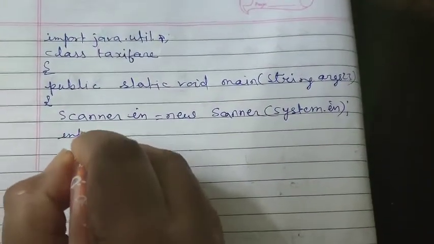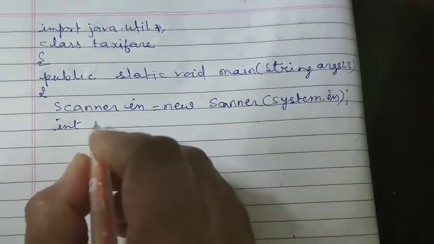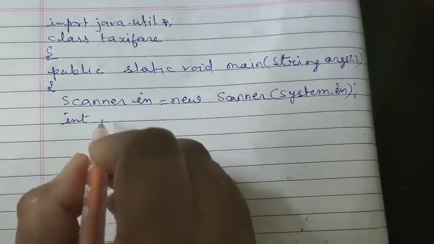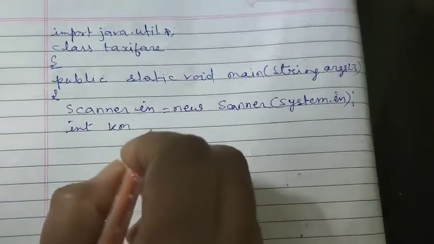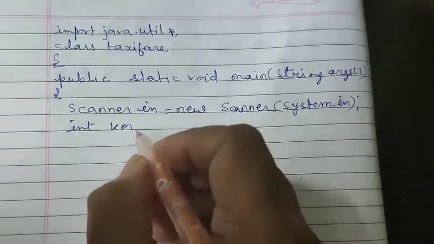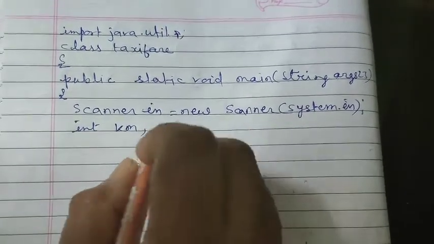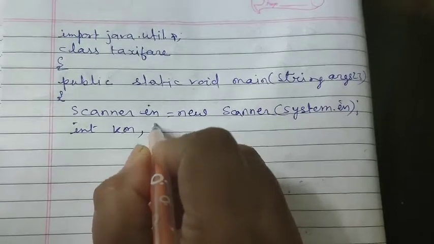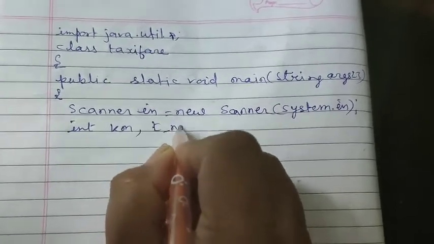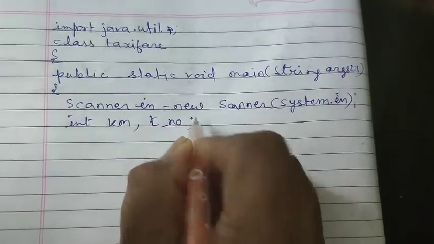Now after this, I declare all the variables. One variable I am taking as int, that is the kilometers which the customer is going to travel, so I have taken km. Secondly, the taxi number, T no, is also an integer.